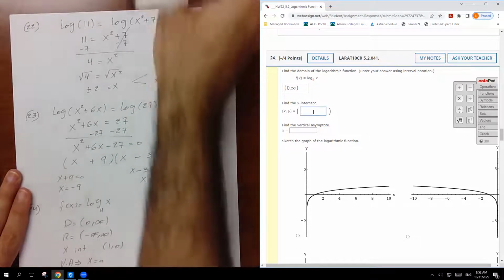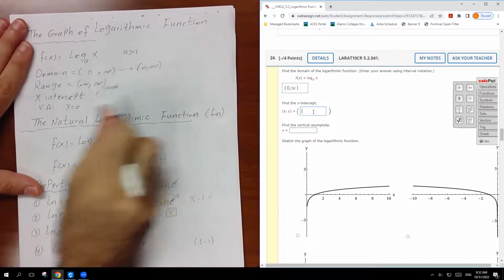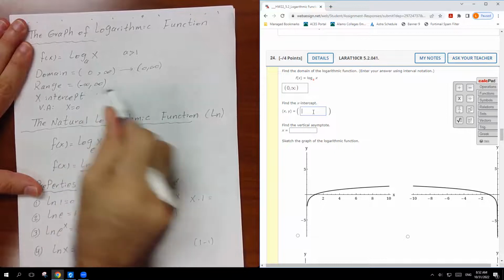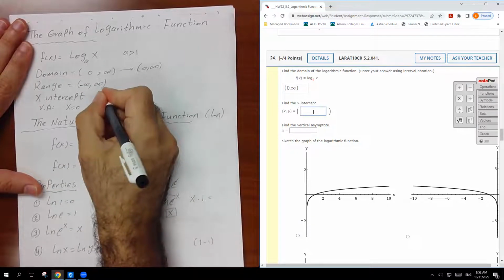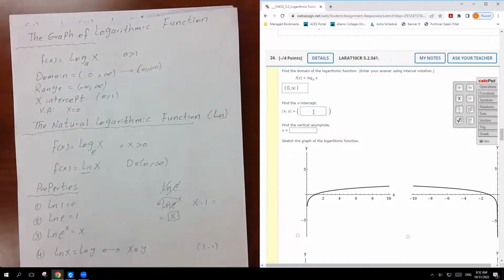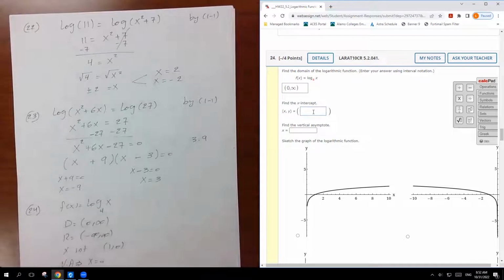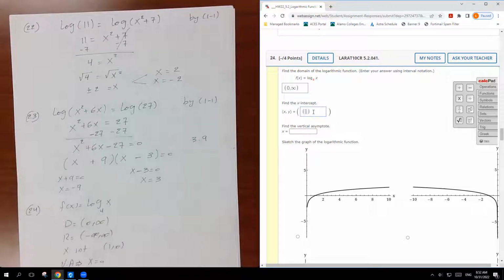The same thing here. Sorry for that. You have to fix this one, because this is the y-intercept, and there is no y-intercept. It's 0, 1 as an x-intercept. Okay. So the x-intercept here is 1, 0. Vertical asymptote x equals 0.